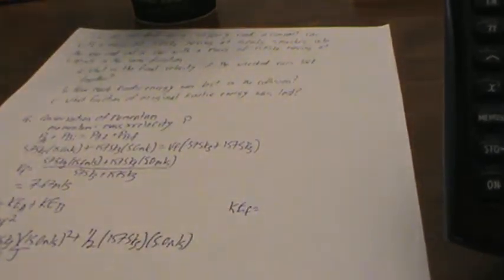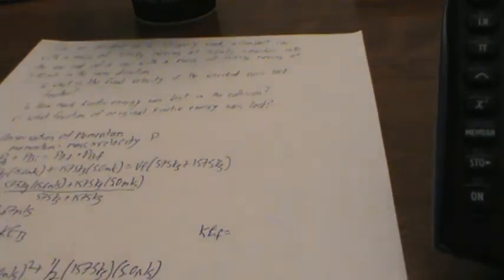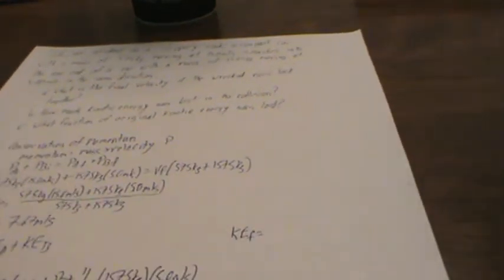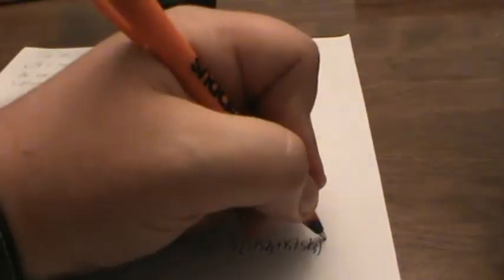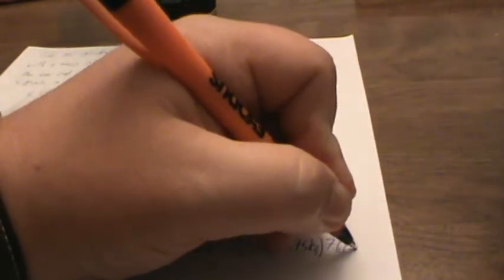Now for our final kinetic energy, we already have our final velocity, and since the cars are still together, we use their combined mass times our final velocity, and that's going to be squared.